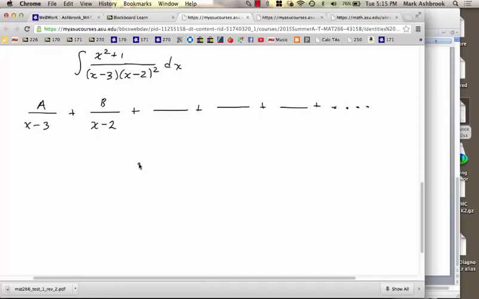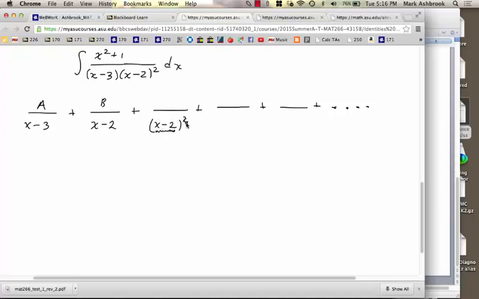Okay, so x minus 2 squared is different than x minus 2. We need an x minus 2 squared. But it's still based on the fact that you have x minus 2, which is degree 1.